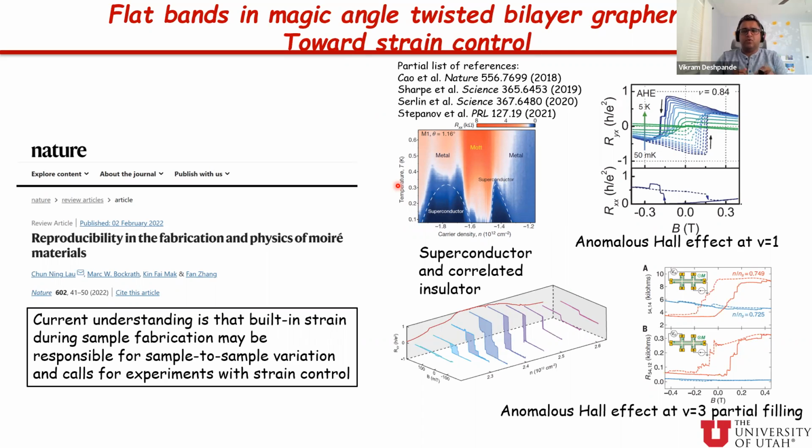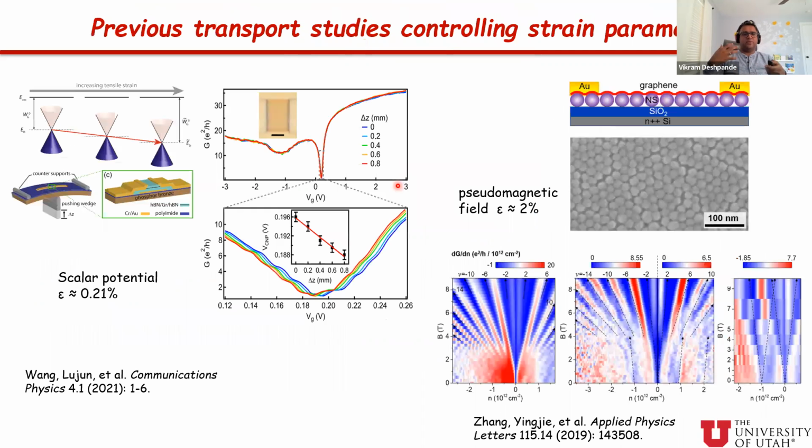Okay, so let me just quickly mention a couple of other transport-based measurements that have tried to look at strain as a controllable parameter. There was work last year from Switzerland that basically tried to uniaxially strain graphene samples, and they found that there was a scalar potential arising in these samples.